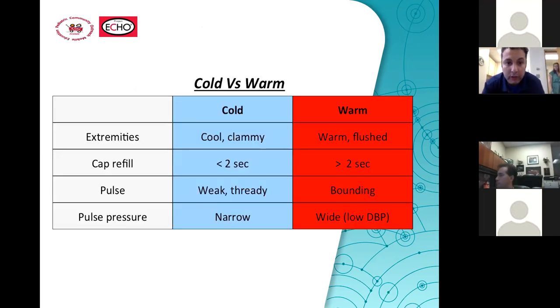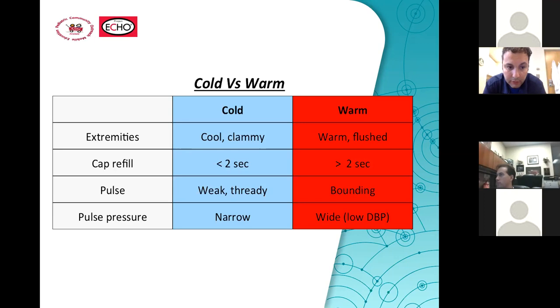The other component before we move to the treatment: we should recognize cold versus warm, and why this is important. Why our patient can be cold, and why the majority of adult patients, or a good portion, can present warm with flushed extremities and a capillary refill that is flipped around.